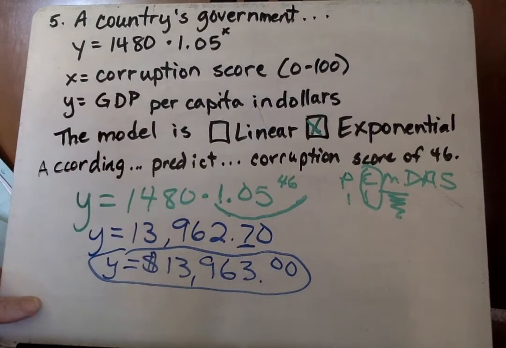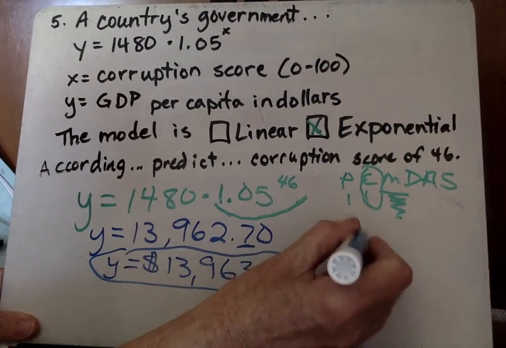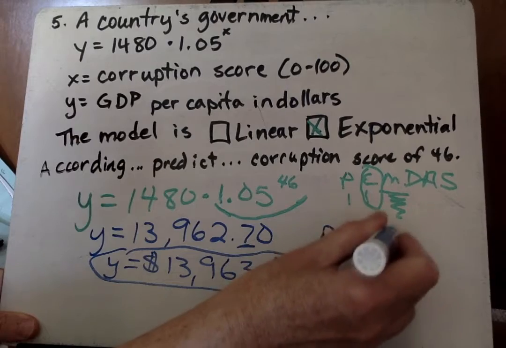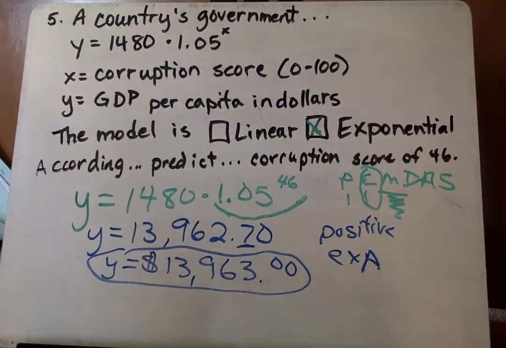So that's the GDP per capita or gross domestic product. And what association is it? It is positive exponential. Okay. All right. Next, we're going to go on to number 7.